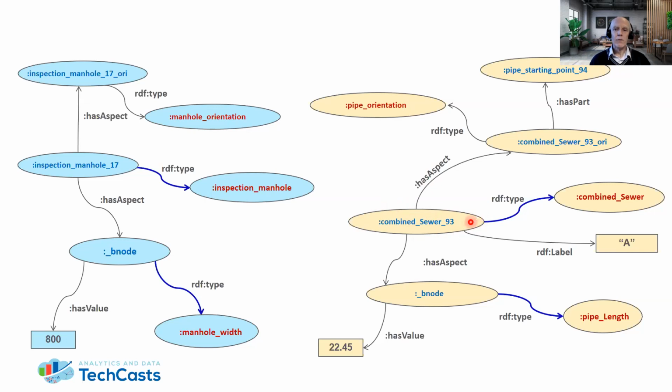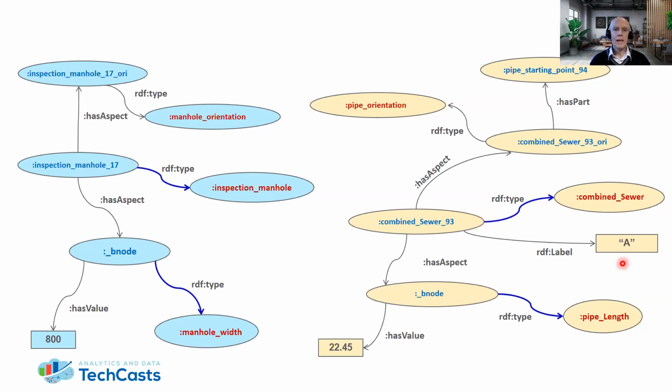And that resource has more information linked to it. For example, it says it's of type combined sewer, and combined sewer in this system has a very specific meaning. I think it means that it is both for wastewater and rainwater, but Martin might know better. So that specific meaning is associated with this resource.